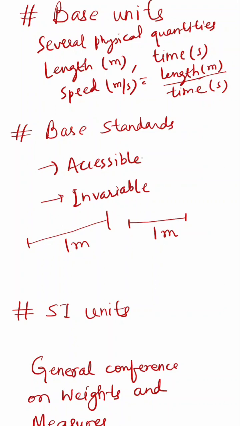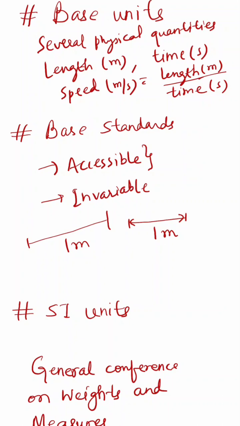The second condition for base standards is that it should be accessible. So whatever is the accepted base standard, for example, in our case, the example of length, this span of space which we are calling 1 meter should be accessible by any other scientist sitting in any other place, so that he or she can make a comparison.